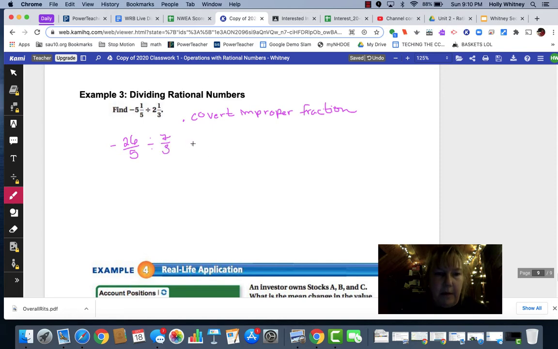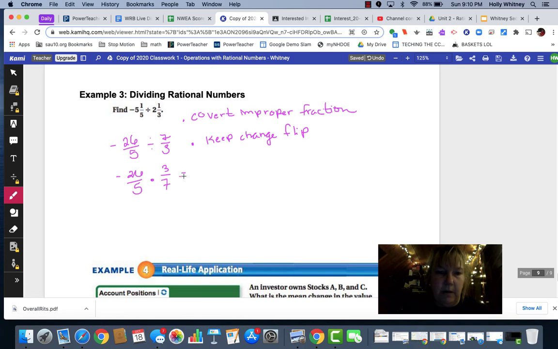Now my next step is to keep it, change it, and flip it. The more correct thing to say is that you're going to multiply by the inverse. So we take -26/5 and we multiply by 3/7.